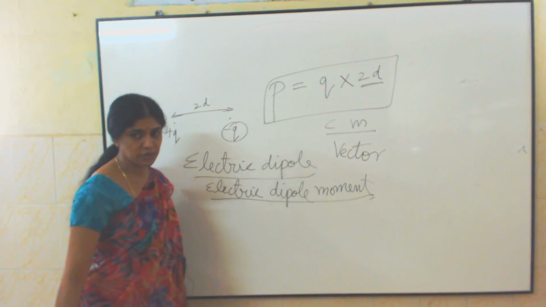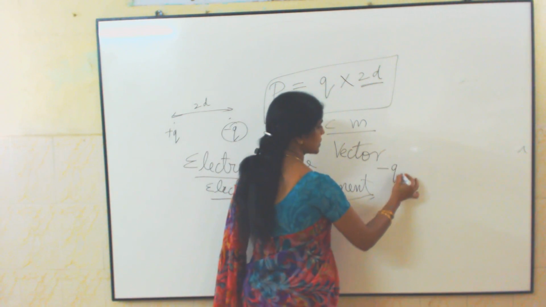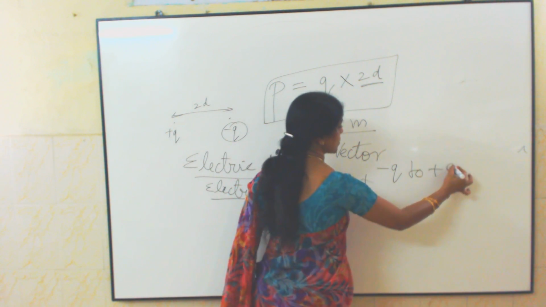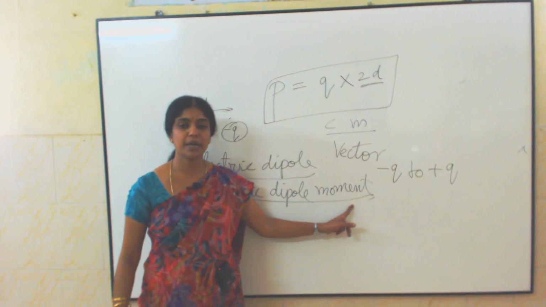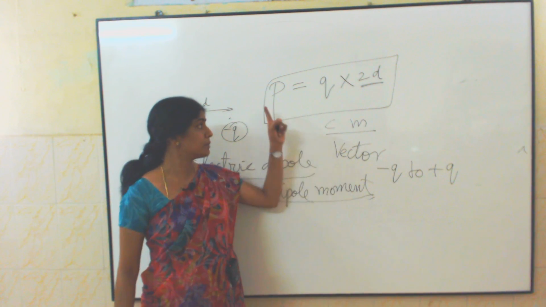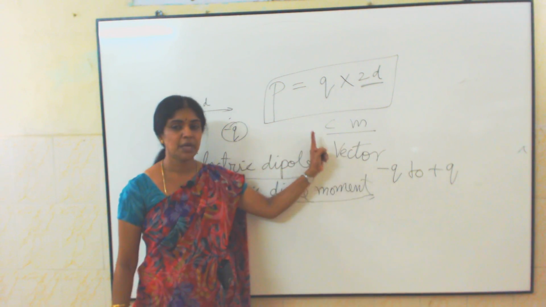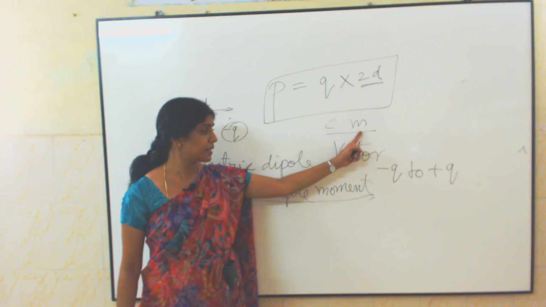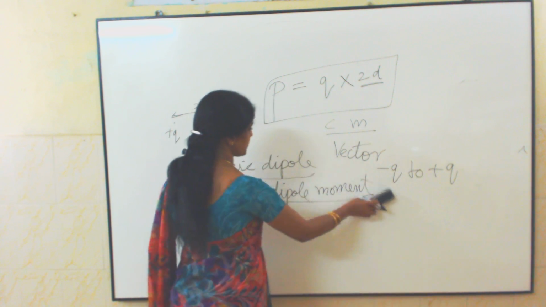And if you see the direction of this electric dipole moment, it always acts from minus q to plus q. So, what is electric dipole moment? Electric dipole moment is given by p equal to q into 2d. It's a vector quantity. Its unit is coulomb meter, and it acts from minus q to plus q.